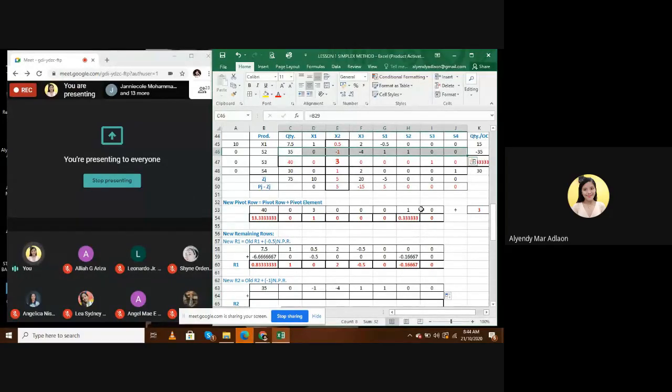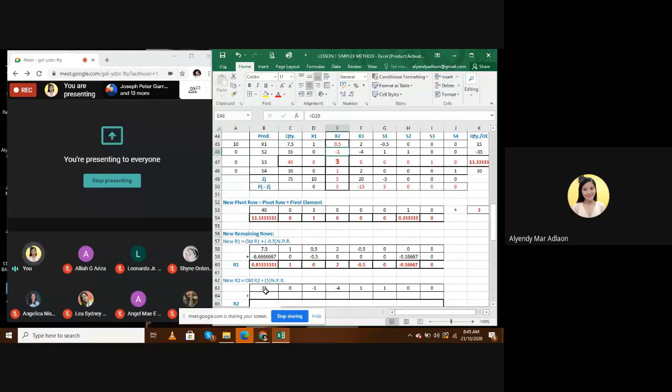So what we are going to do is to multiply the pivot row with the negative of negative 1. So negative 1 times negative 1, so we can get positive 1. So new pivot row multiplied by positive 1. No? New pivot row multiplied by positive 1.